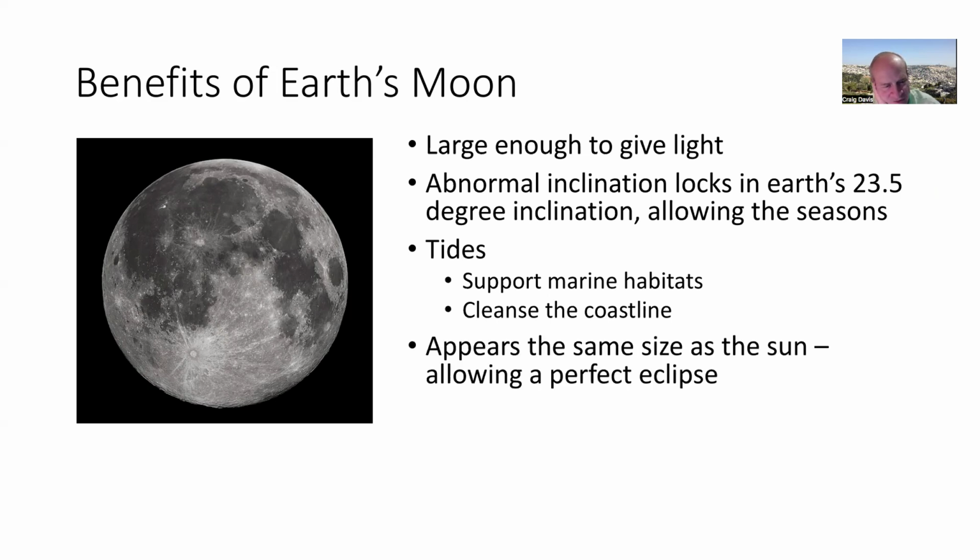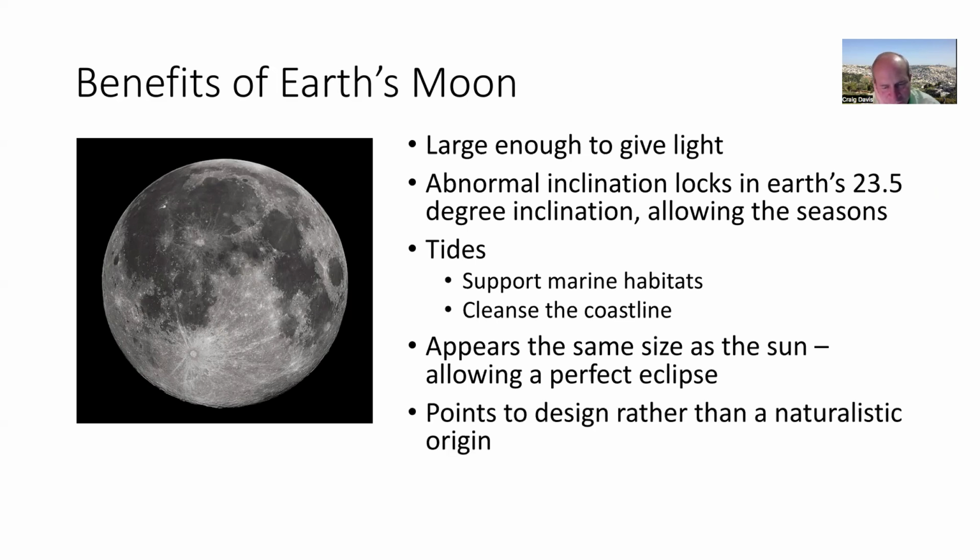Earth's moon also has the curious property of appearing the same size as the sun in the sky, and that allows us to have a really perfect eclipse where the moon blots out the sun exactly. This points to a design rather than a naturalistic origin.